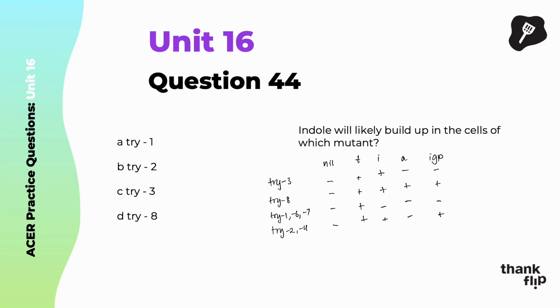So which one of these would likely have an indole buildup? When would you have a buildup of indole? It's when it's unable to be broken down into another metabolite. So when this process is interrupted, you'd have a buildup of indole.